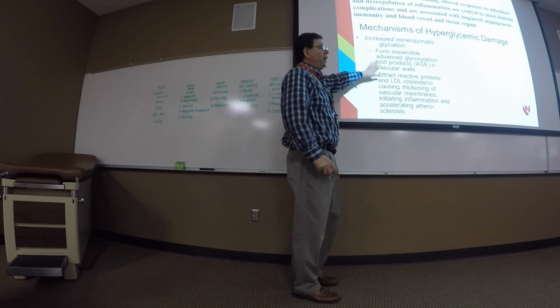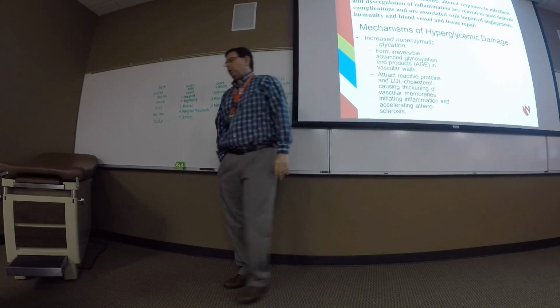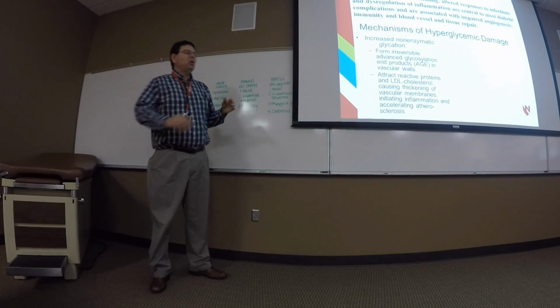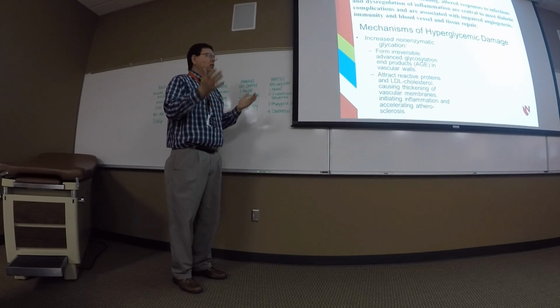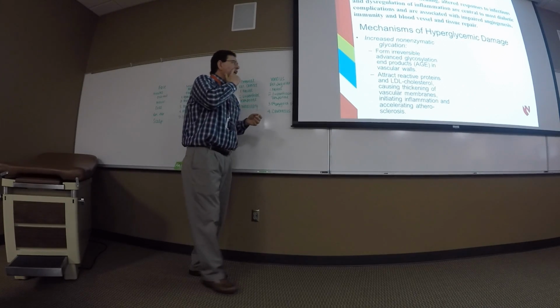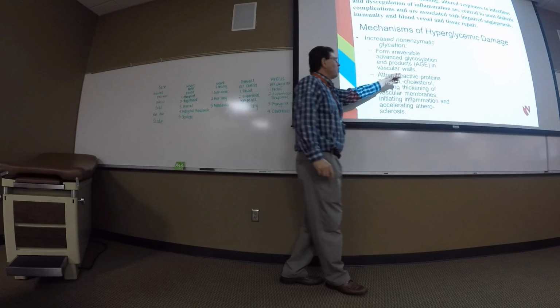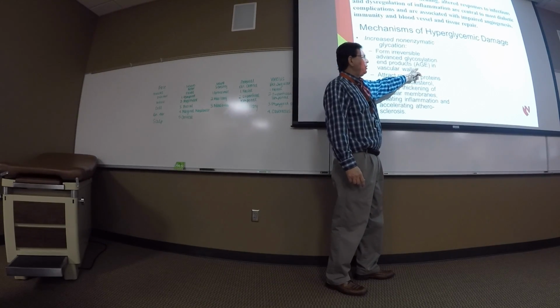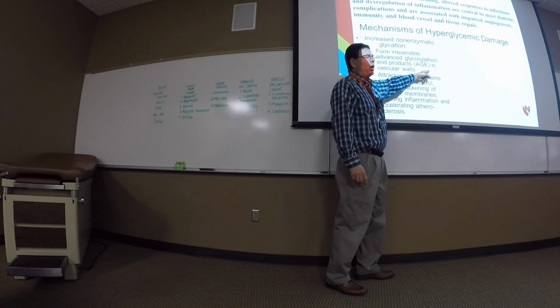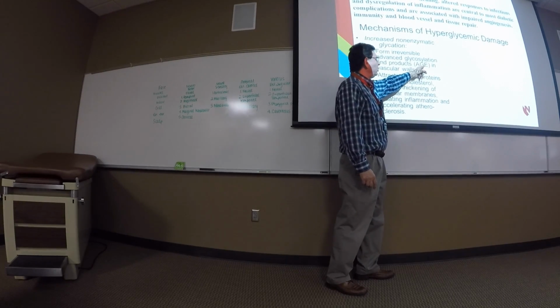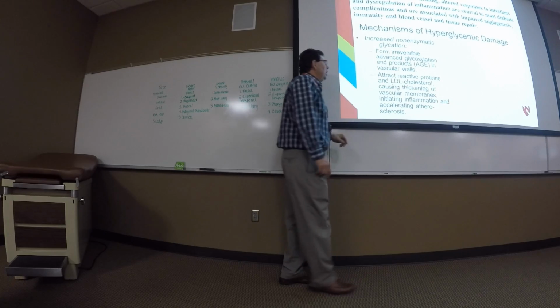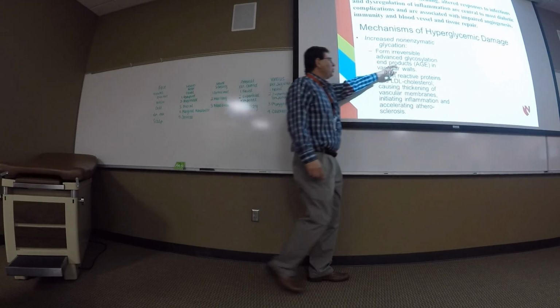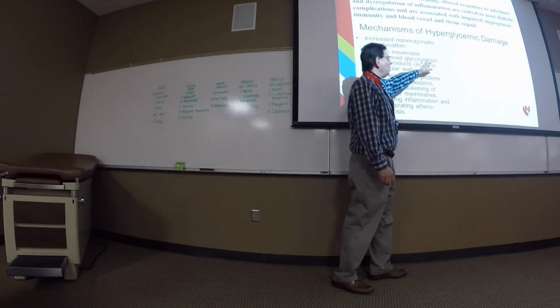So one thing that can happen is this inappropriate glycation, and it's also called glycosylation. It leads to the formation of, you're going to hear about these forever, AGEs, advanced glycated end products or advanced glycation end products. Sometimes you'll see glycated, sometimes you'll see glycosylation.